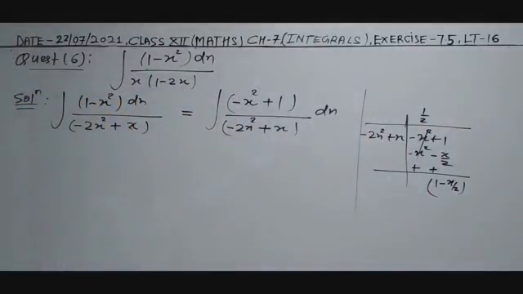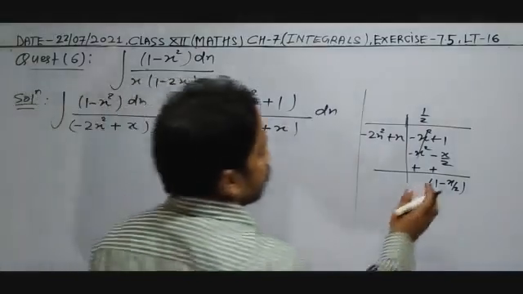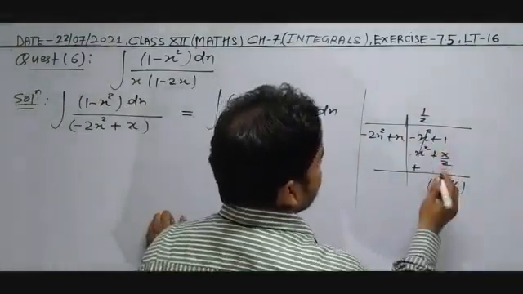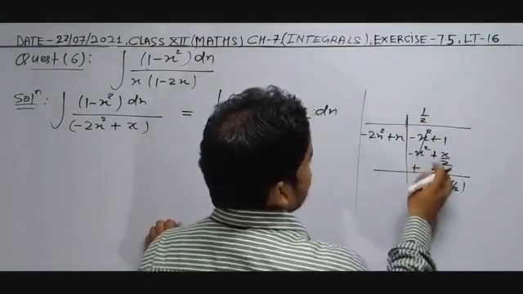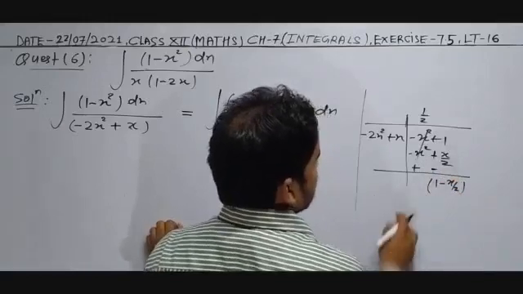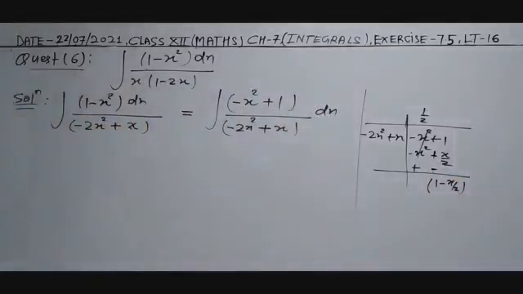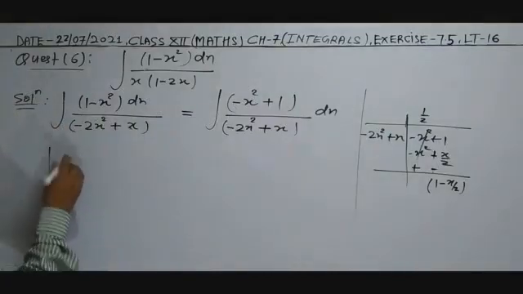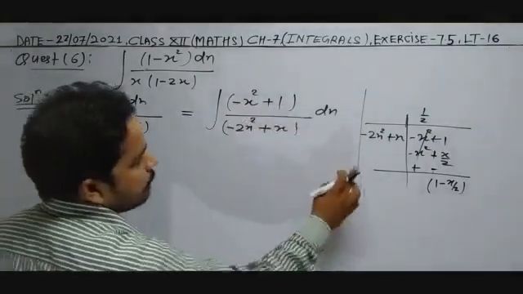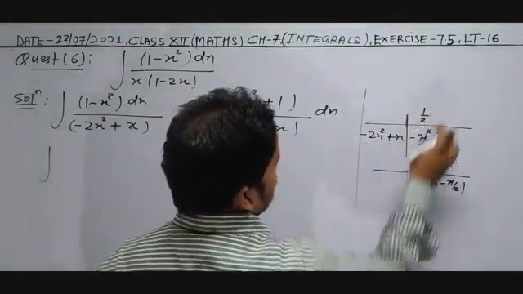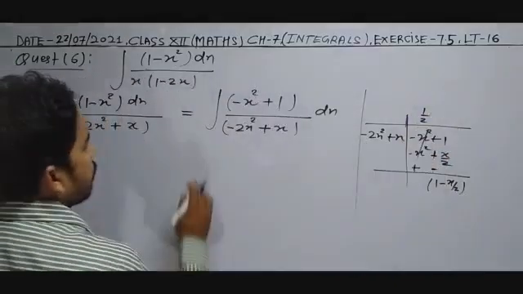So what you can write this fraction? Now this expression, this will be plus sign, plus x by 2. So this will be minus and minus x by 2 plus 1. Now in this expression, numerator we can write integration of minus x square by 2, we can write this divisor into quotient plus remainder, means dividend.